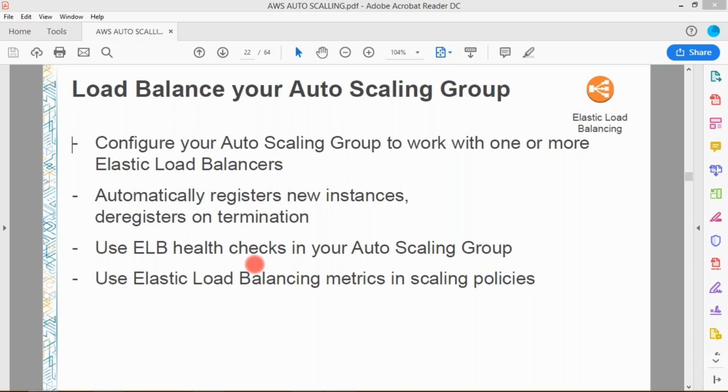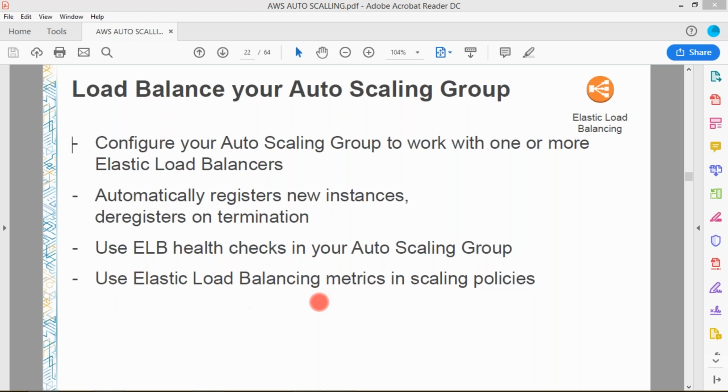Do we need to increase our capacity, or increase the cross-zone availability zones? As per your future procurement, you can decide with these health checks.